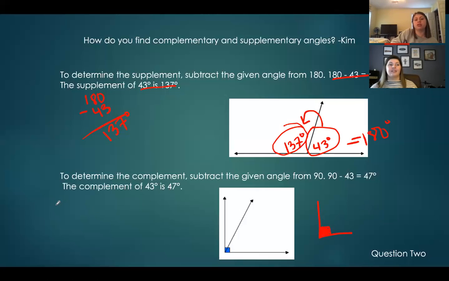Well, if we know this is supposed to equal 90 degrees, we are going to subtract again the 43 degrees we were given, and we're looking for the other one. Same exact steps as the other angles, nothing changes. We would get 47 degrees. And again, if you were to add those two together, you would get 90 degrees.